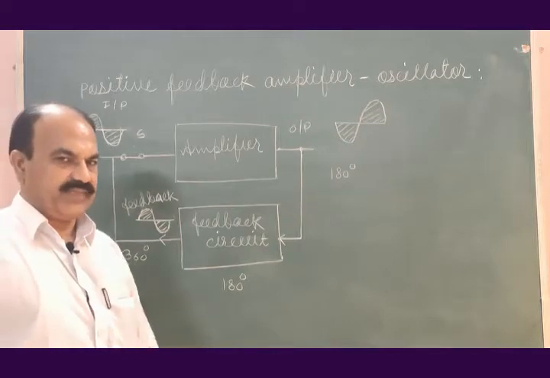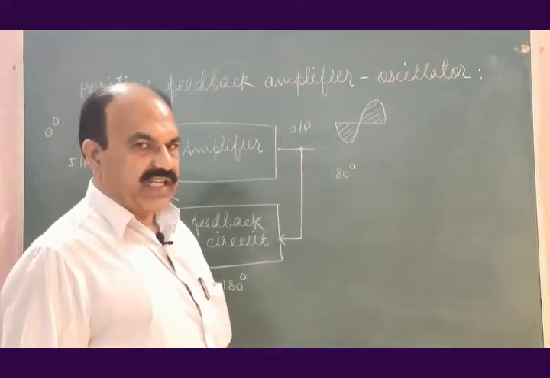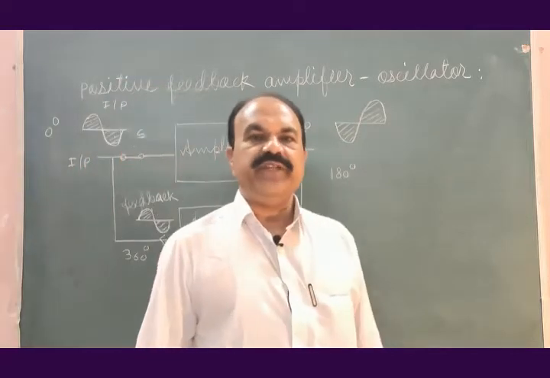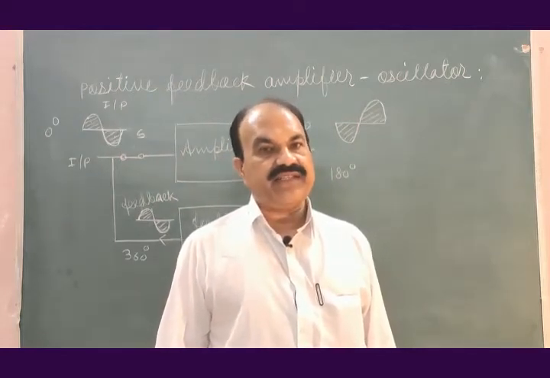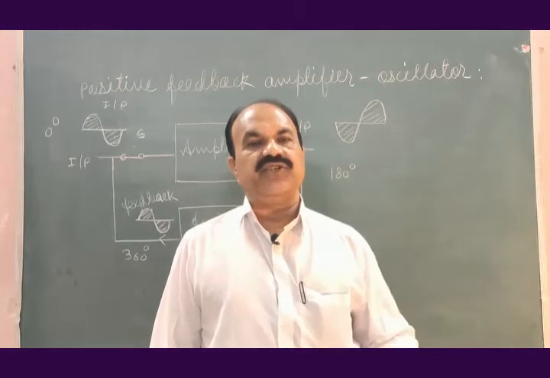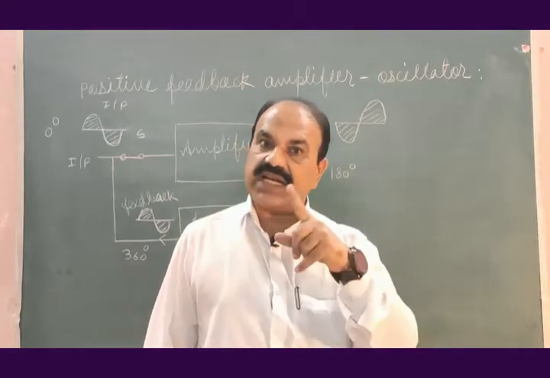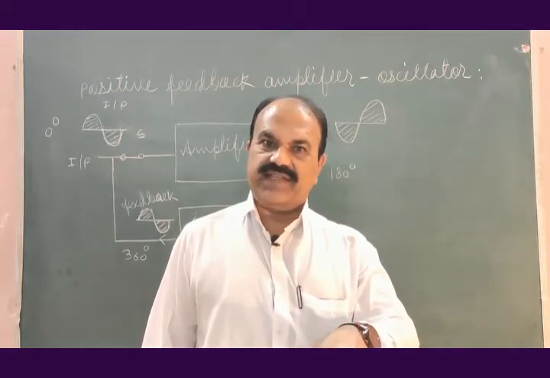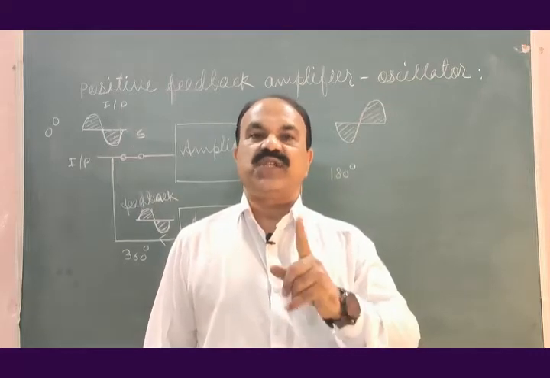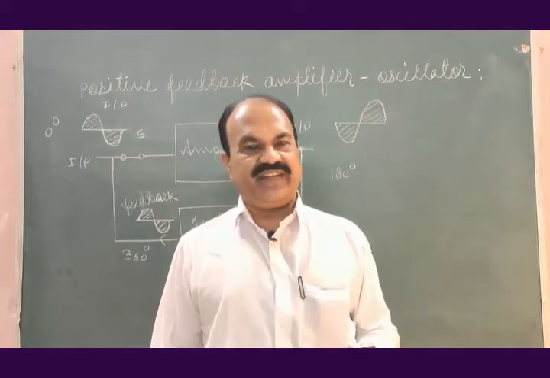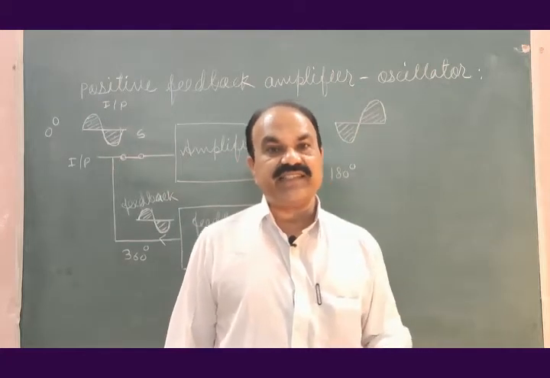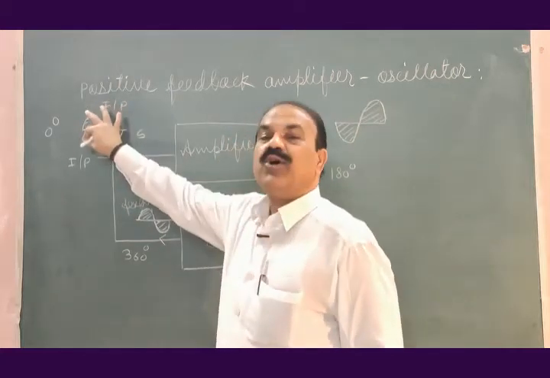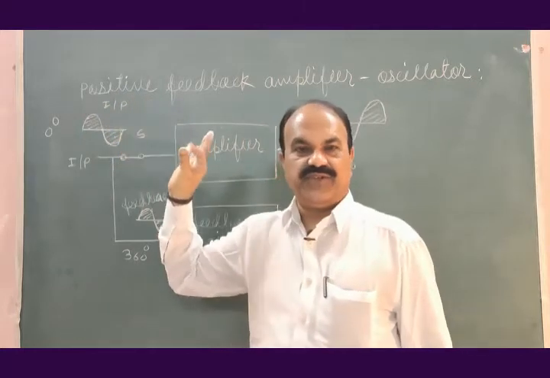One thing, in the very first article of this chapter, when we defined sinusoidal oscillator, we defined it as an electronic device which generates sinusoidal oscillations of desired frequency. When we say it generates, there is no need of input voltage.